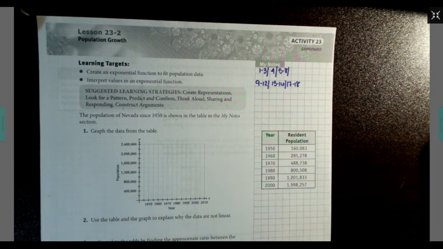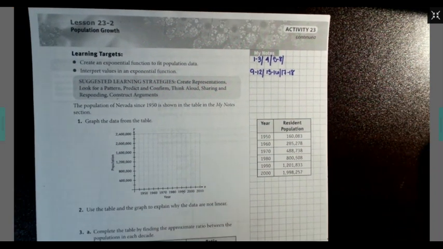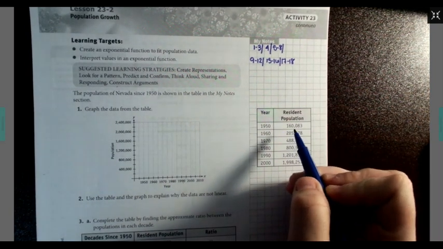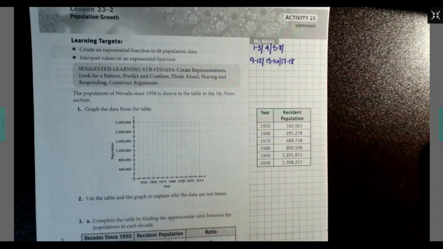The population of Nevada since 1950 is shown in the table in the My Notes section. Graph the data from the table. All right, let's take a look. It says in 1950, the population was 160,083 people.